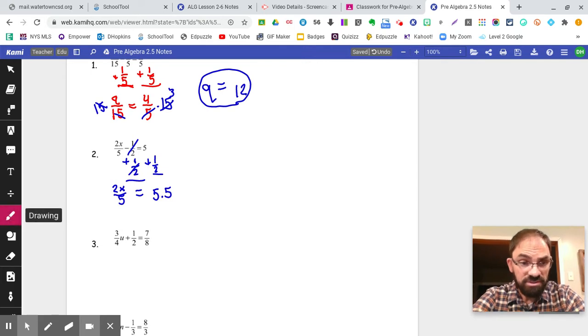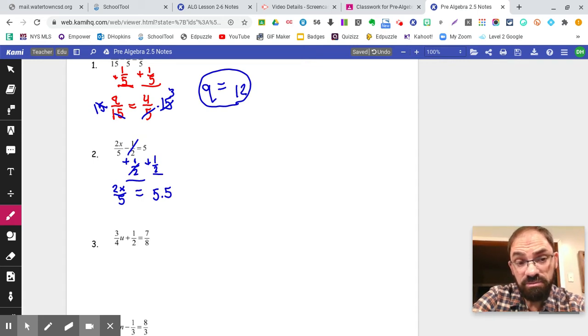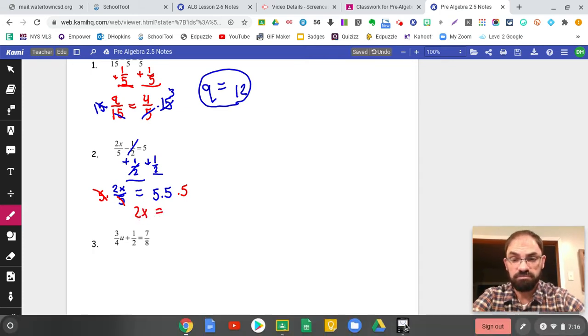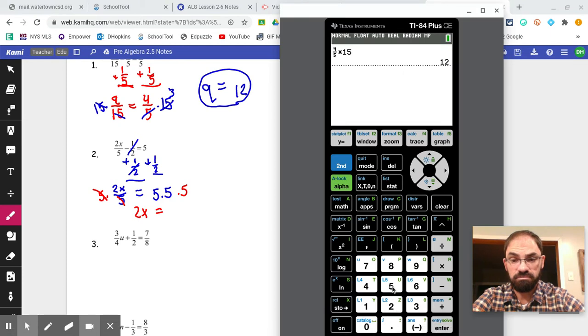But I know what you guys see, and that's going to be first to divide. 2x is being divided by 5, so let's multiply both sides by 5. So I get 2x equals 27.5.